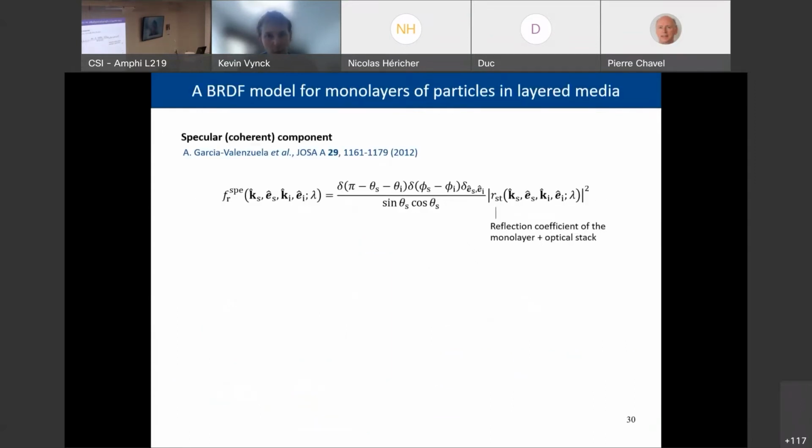So coming back to our problem, we want to have a BRDF for monolayers of particles in layered media. There has been a lot of work in the literature on the specular component, so the coherent intensity. In our work, we use a model that has been developed by Garcia Valenzuela and his colleagues in Mexico.